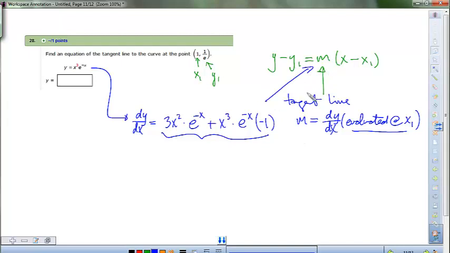That is not good. What we need to do is take our derivative and evaluate it at x sub 1, which is 1 in this case. So I'll use this notation, dy/dx evaluated when x is equal to 1, is equal to, here, wherever we see x, we're going to put a 1.